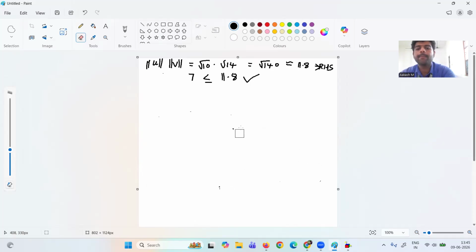Okay, now we can prove the second one, the triangle inequality.